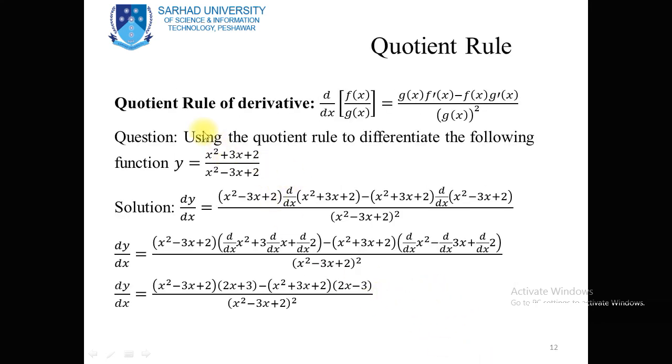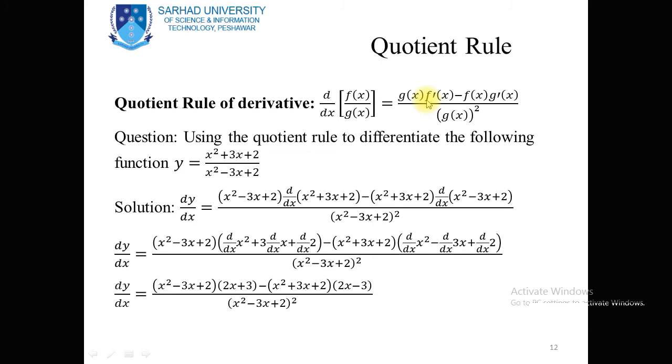Now, how to use the quotient rule of derivative when the f function is divided by the g function. So these two functions are in divide form. Using the quotient rule, g is considered as the first function.